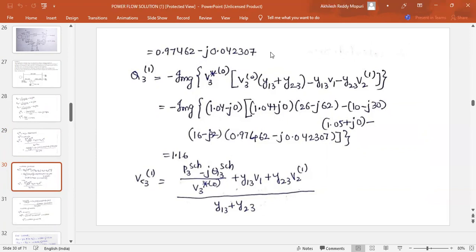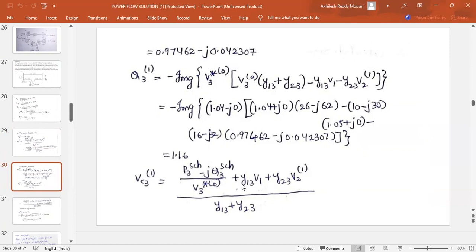Coming to the third bus, since there is no power mismatch range, first I will be finding the value of Q3 using this formula. In this formula, as I said in the previous problem, wherever V2 is there, you should take the previous value, not the flat start voltage. After finding Q3, now, as I said, we need to find V3, substituting this Q3.